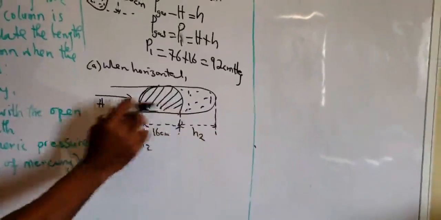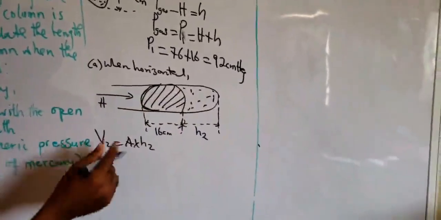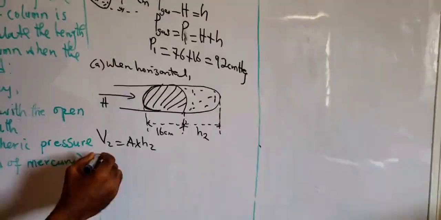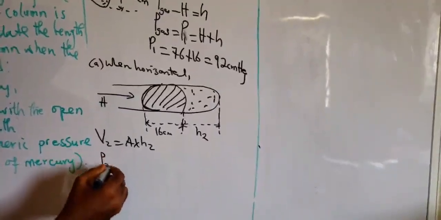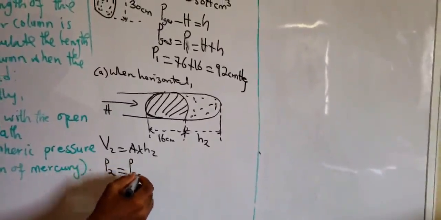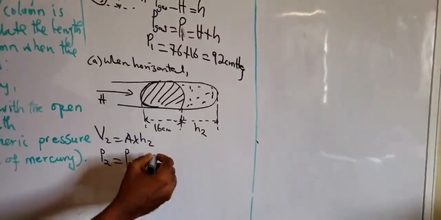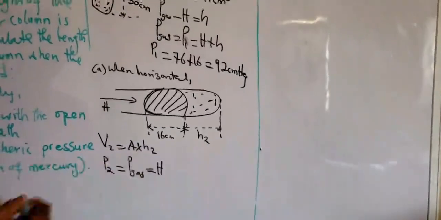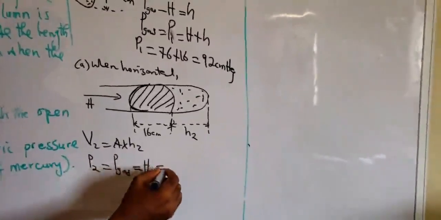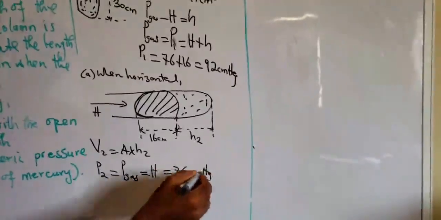Now, what would be the pressure involved in this situation? The total pressure P2 is the gas pressure, which is the same thing as atmospheric pressure, and the value is 76 centimeter mercury.